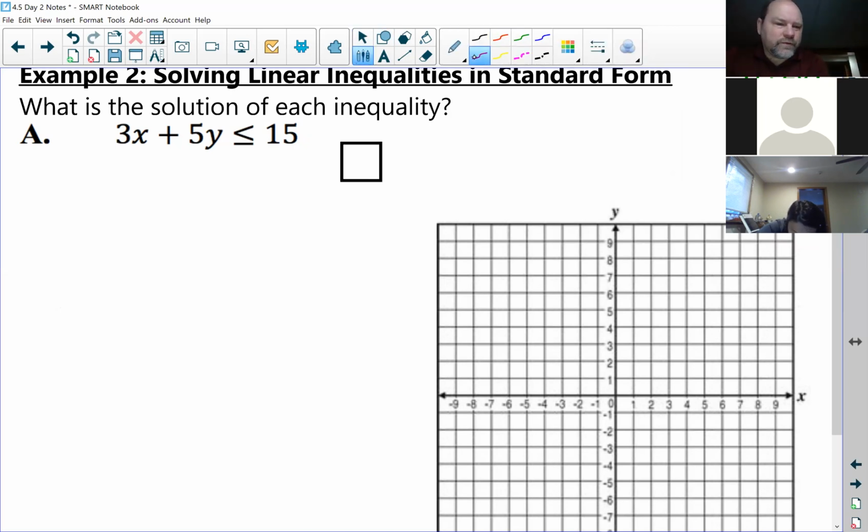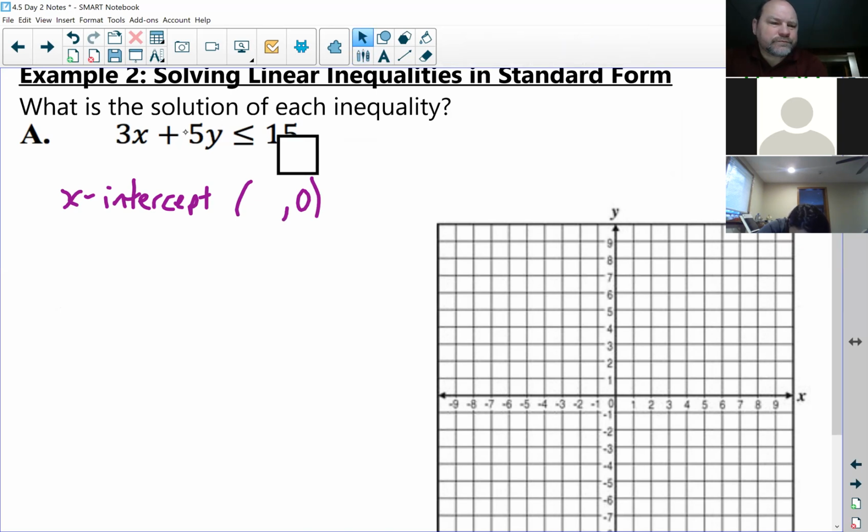So I am going to find the x-intercept by setting y equal to 0.